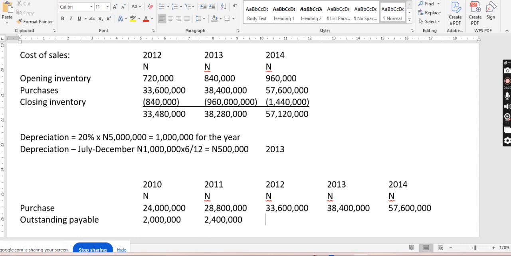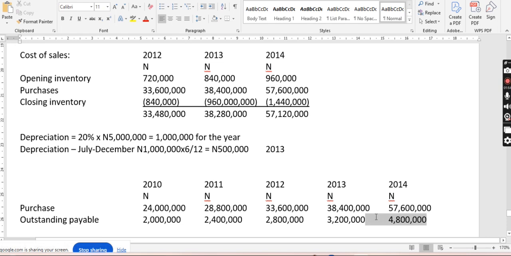Next. 2.8 million. 3.2 million. Next. 3.6 million. 4.8 million. Right? 4.8 million.